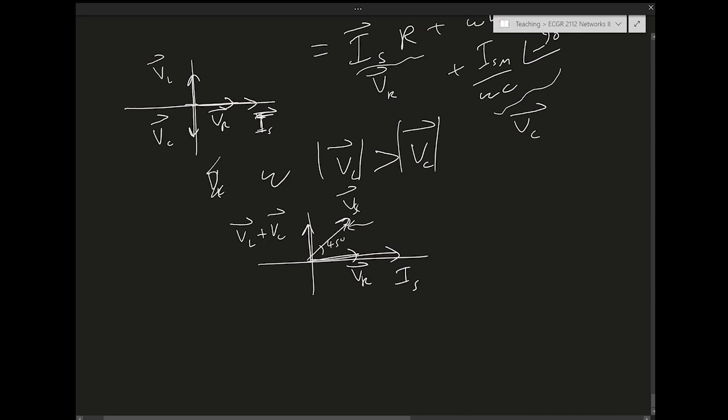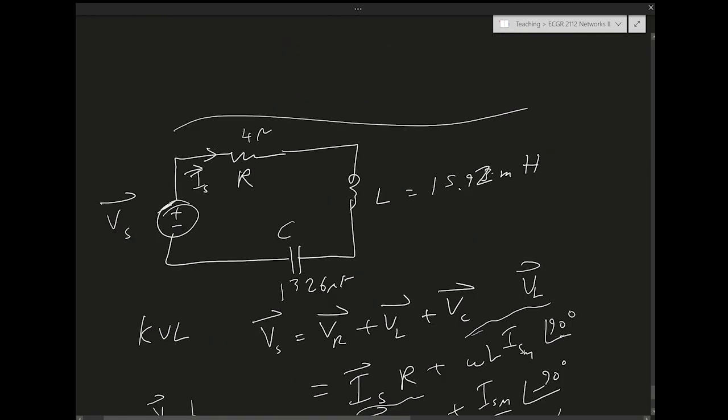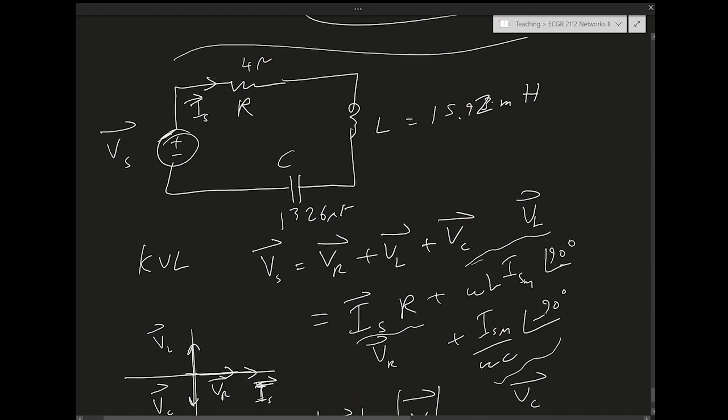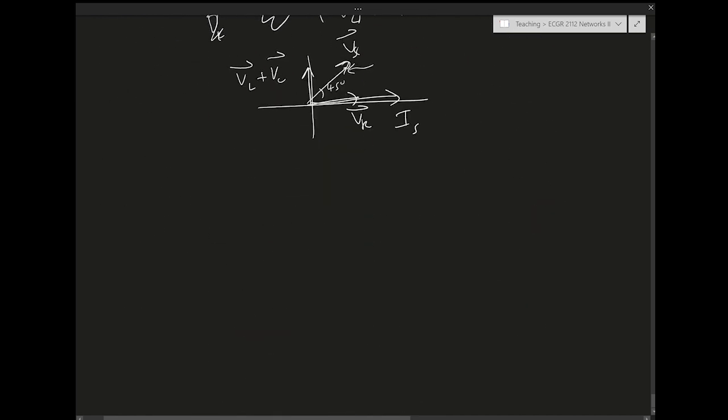Okay, but suppose someone told you, let's draw the phasor diagram with Vs as the reference. And furthermore, Vs is not just a reference assumed to be at 0 degrees. Let's assume that Vs is a particular signal.